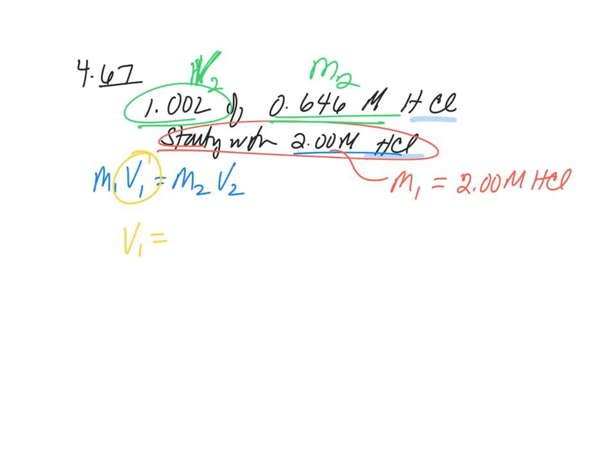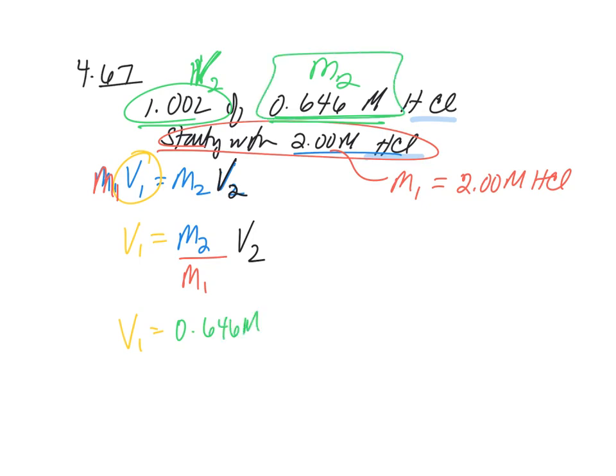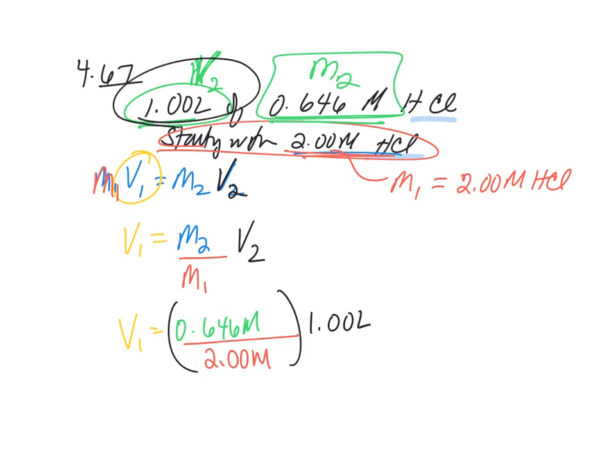So you do V1 equals M2 divided by M1 times V2. And so V1 equals, what's M2? M2 is the 0.646 molar solution of HCl, and M1 is the 2.00 molar solution, and then V2 is going to be the 1.00 liter.